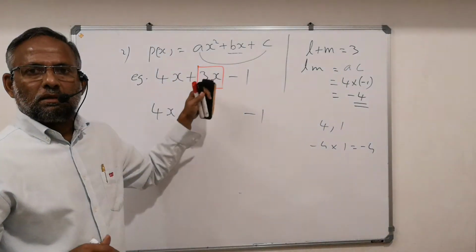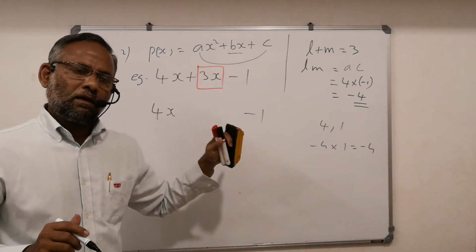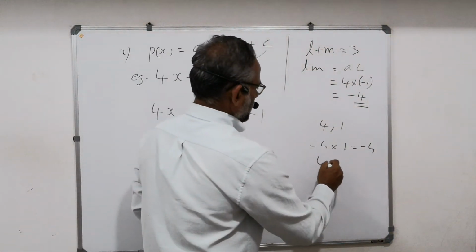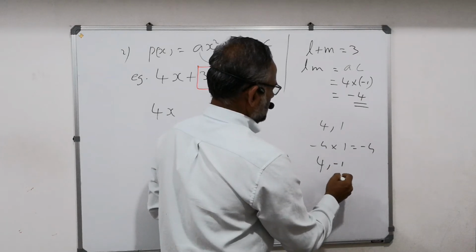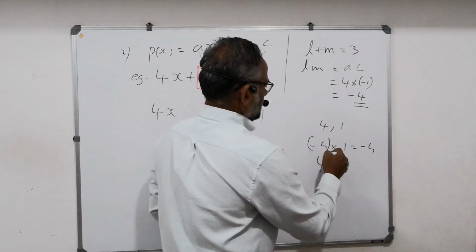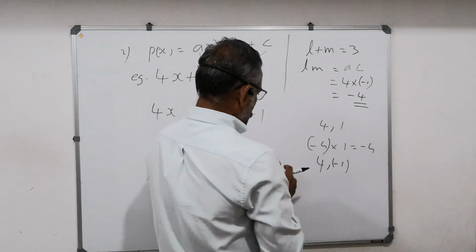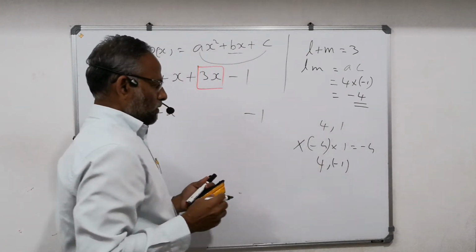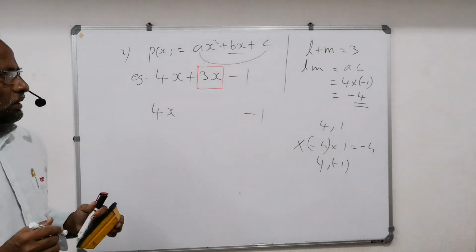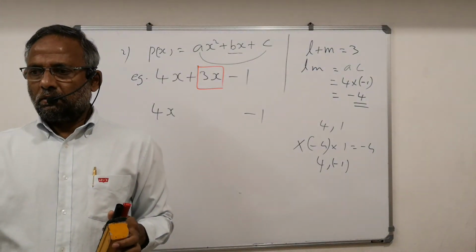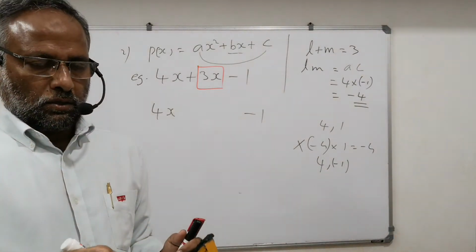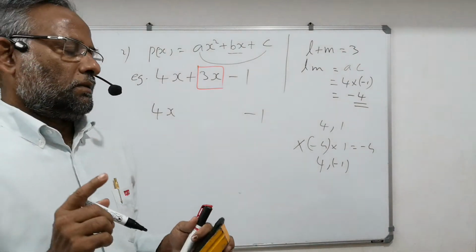But here we need 3. Okay, so we can do 4 and minus 1. That is it. 4 and minus 1. This is wrong. Don't do this one. Do you agree? You agree or not? Understood or not? Okay.